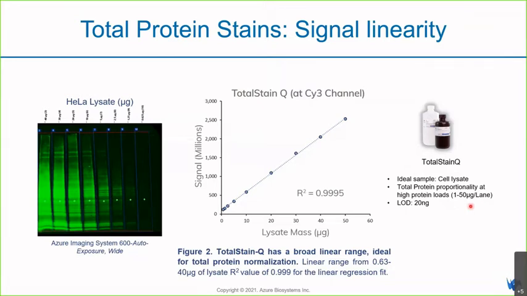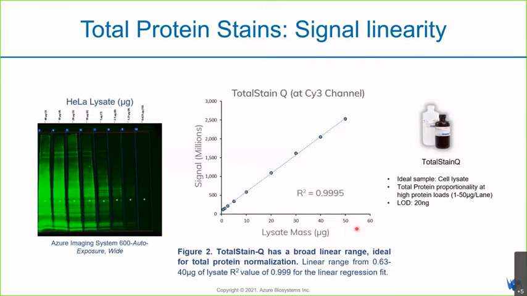So when we plot the loaded HeLa lysate against the signal intensity, it gives you a very good signal linearity. It proves that this staining works from 1 to 50 microgram of protein load.